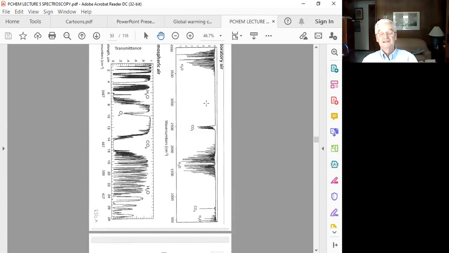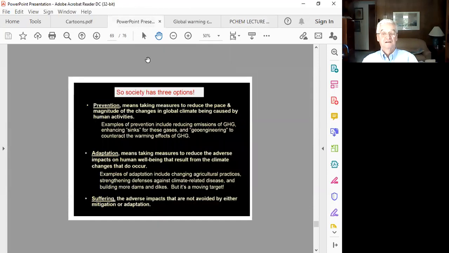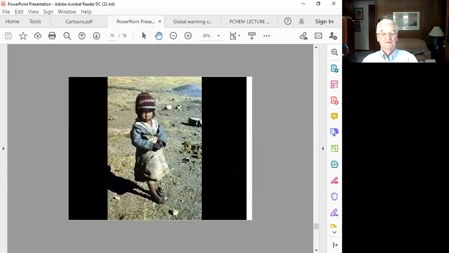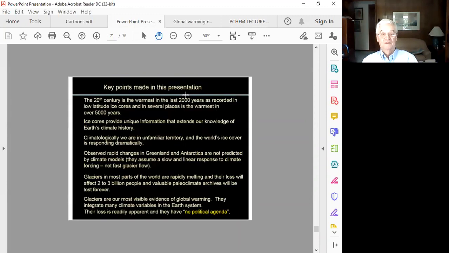If you see somebody who says, well, I don't really believe in global warming, if you can show them any two of those pictures, you can't not believe in global warming when you see what CO2 absorption does. And then when you look at the pictures of the glaciers melting. Okay, so this is the suffering image to create empathy for people of the world.